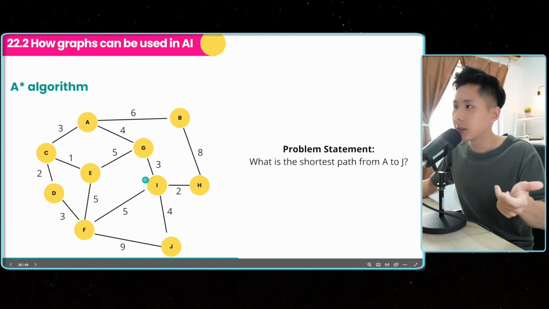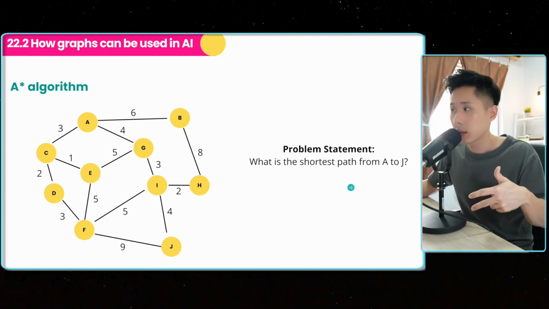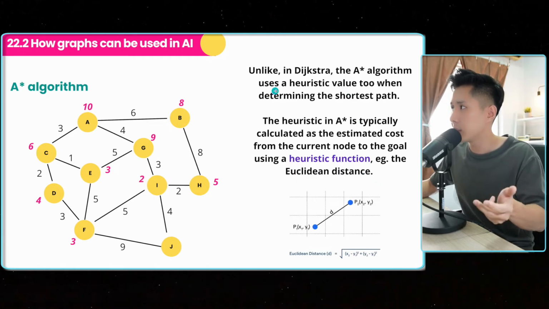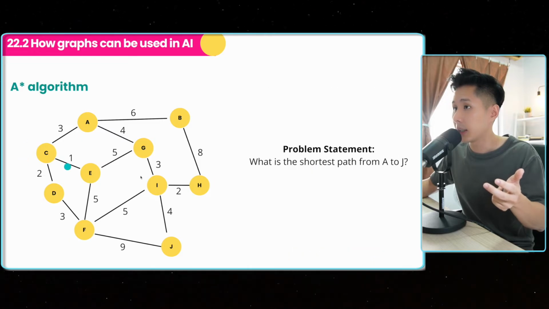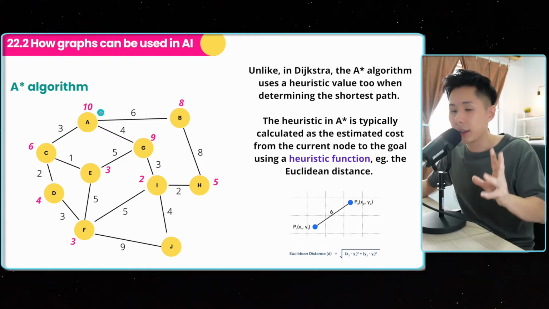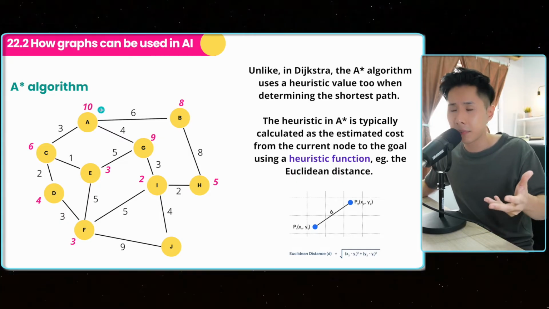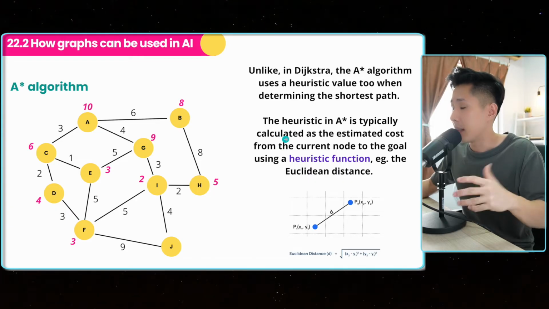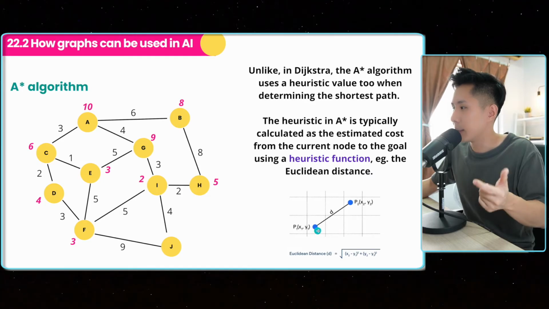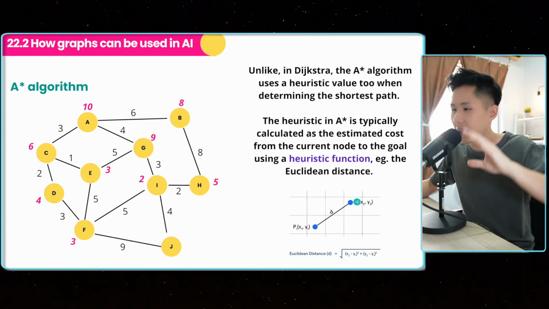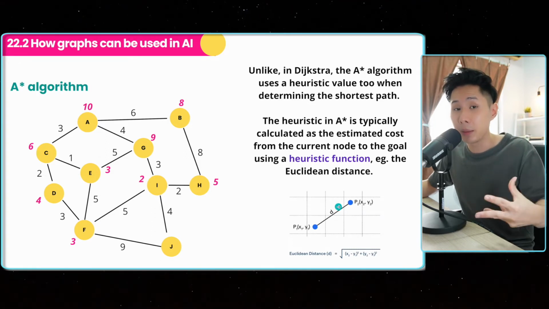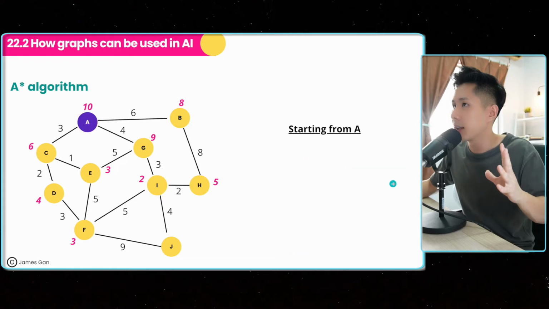Instead of just considering the weight of each edge, the A-star algorithm also uses a heuristic value. Of course, the way we calculate the heuristic value is beyond the scope of this video. But one method we can potentially use is the Euclidean distance, which is basically the distance between two points using their coordinates. That's just one heuristic. There are many more types, but we are not considering that.